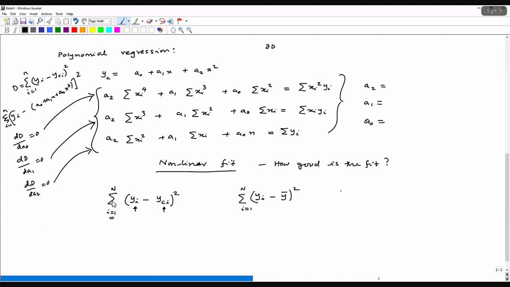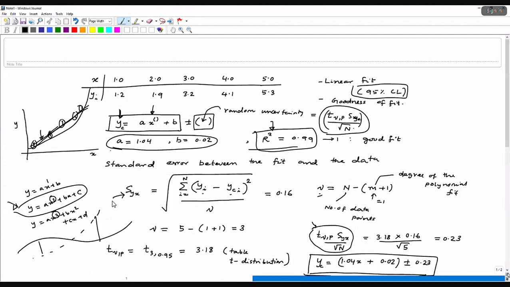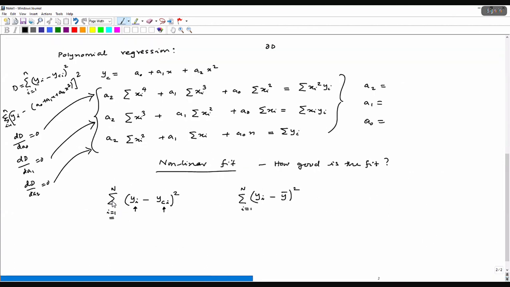So for example, in this case, if you add 1.2 plus 1.9 plus 3.2 plus 4.1 plus 5.3 and divide by 5, that will give you the mean value of y, right? Here y mean is the sum of yi divided by n.